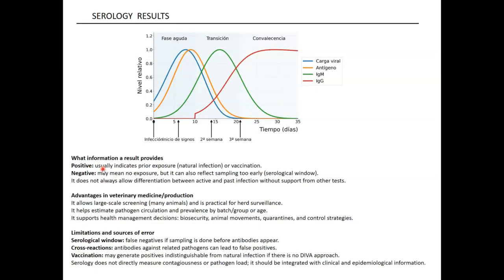I mean, a positive usually indicates prior exposure to a disease, but not only that, maybe also vaccination. And also negative results sometimes are related to problems. I mean, there are sometimes false negatives, but the results in any case have to be taken with caution.